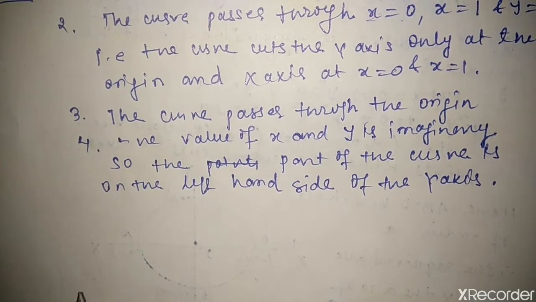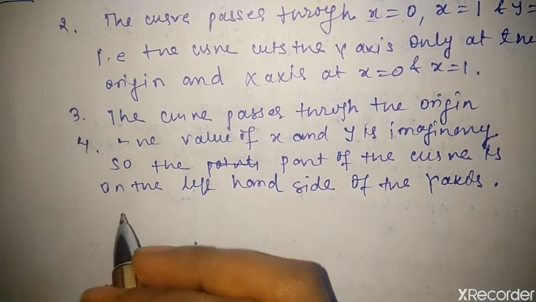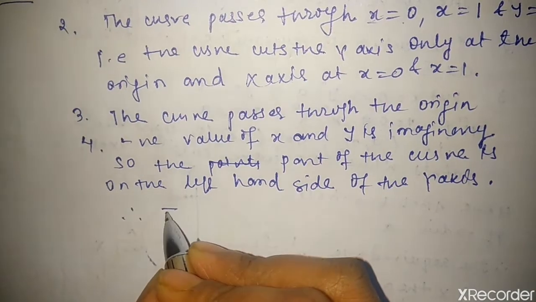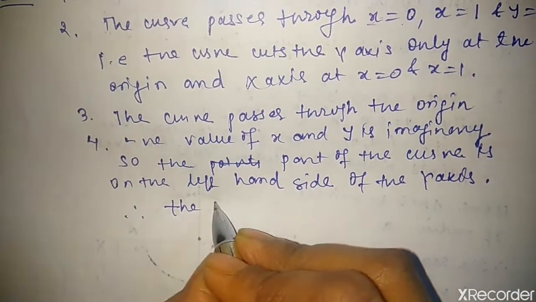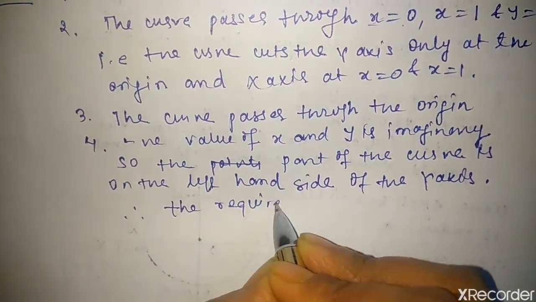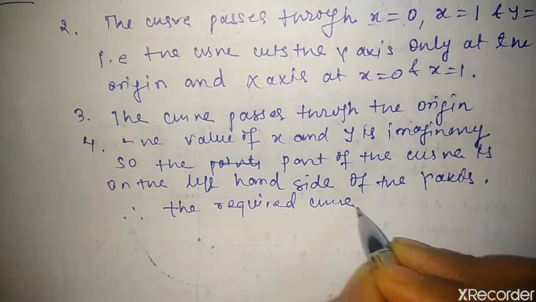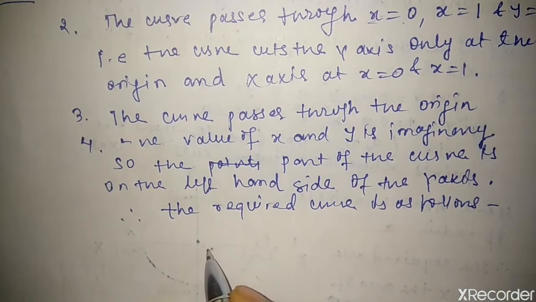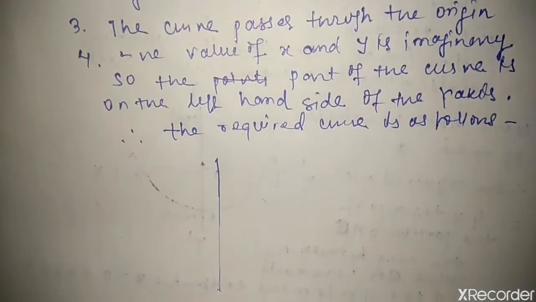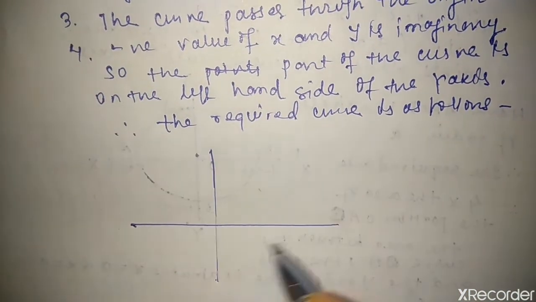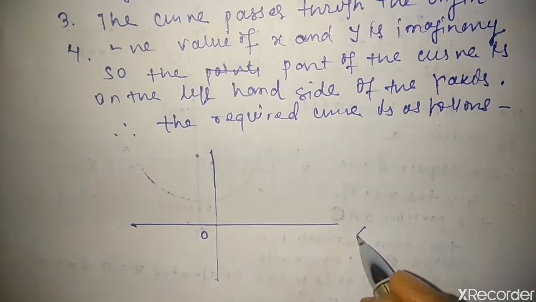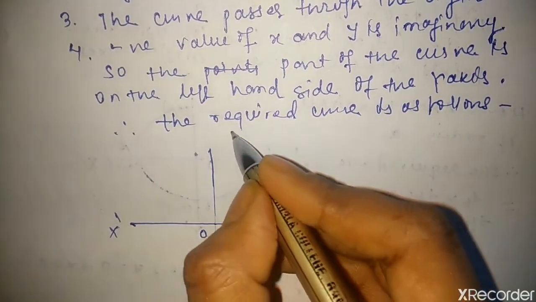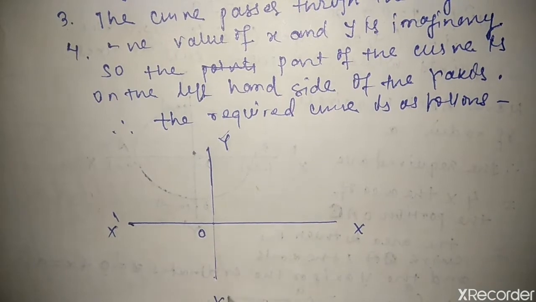So let us see the figure which we are getting here. The required curve is as follows. Here we have the x-axis and the y-axis, with origin, x dash and y dash.